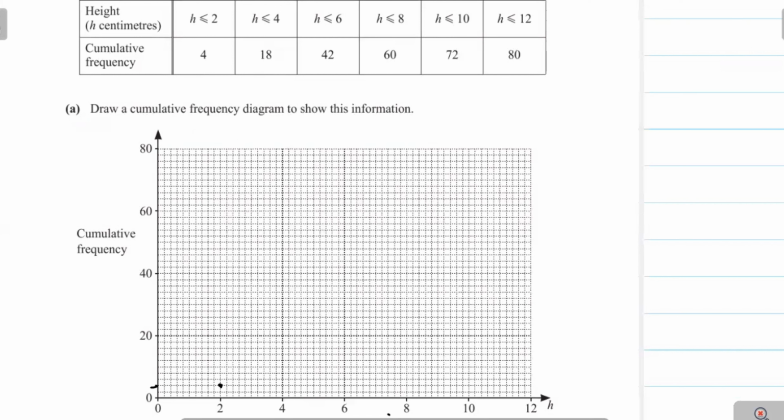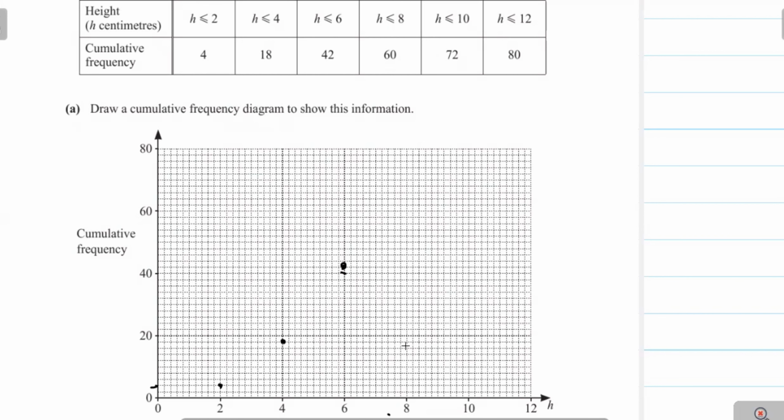Therefore, this is the point 2, 4. Next, when the height is 4, the cumulative frequency is 18. This is 4 and 18. Next is 6 and 40. This is 6 and 40. Next is 8 and 60.